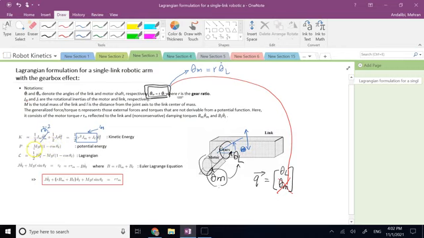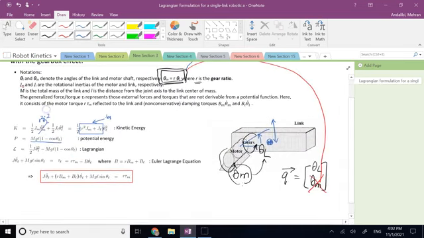If you look at the potential energy, this is very similar to the pendulum, because it is a pendulum really here, and it is mgl times 1 minus cosine theta. So you see this is identical to what we had for the pendulum. The derivation of that is just like what we had before.